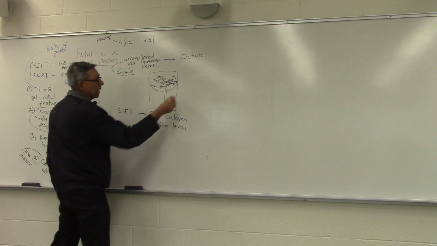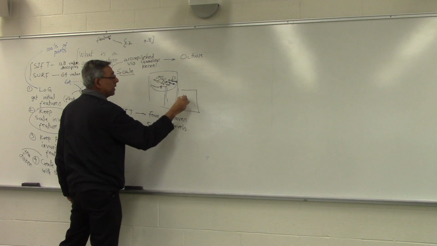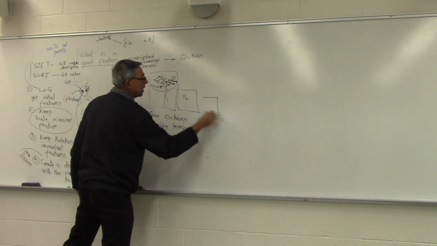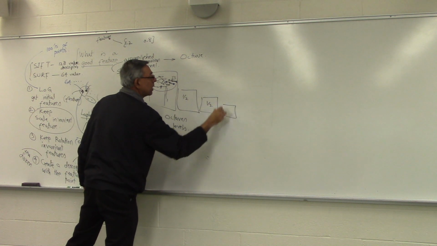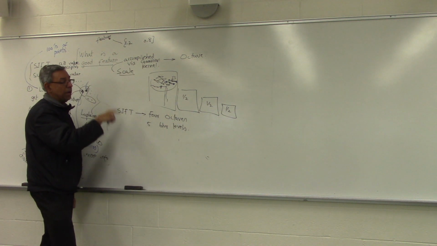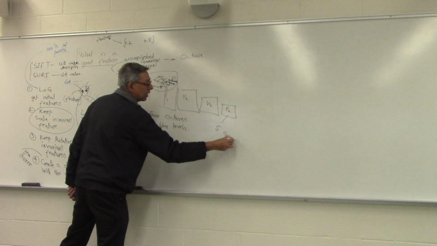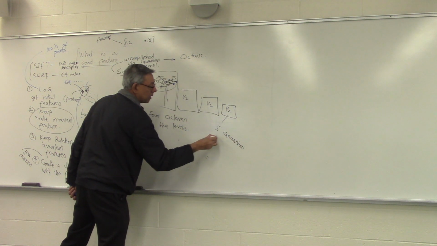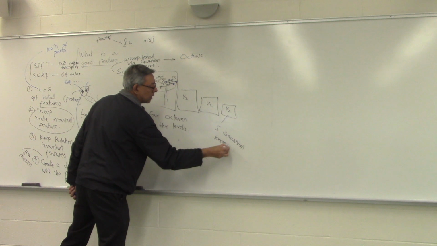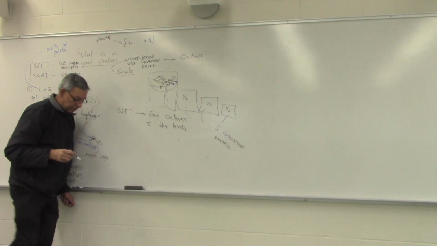By 4 octaves basically means this image will be reduced in half the size, then further half, then further half. Each time we reduce it to half size, we apply 5 Gaussian kernels, and same 5 Gaussian over here.